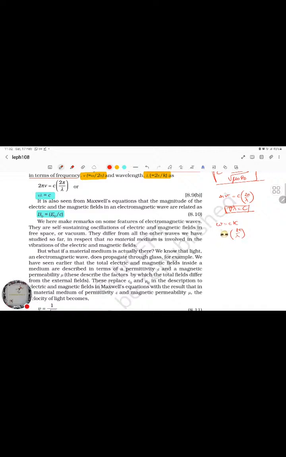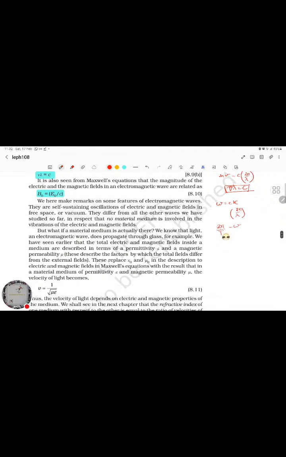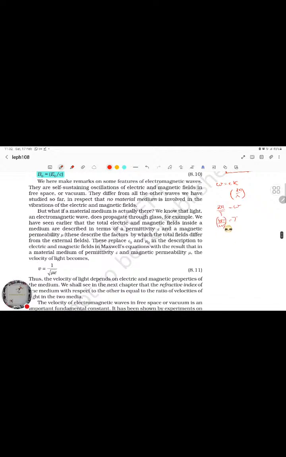Wait a minute, 2 pi nu is 2 pi by T, which is equal to omega, the angular frequency. So 2 pi by omega is basically the time period with respect to the circular coordinates, and 2 pi by T is omega. 1 by T is considered frequency, so 2 pi nu is omega.